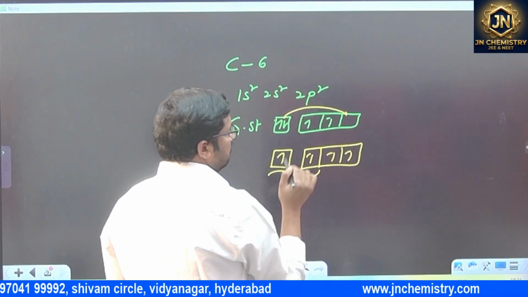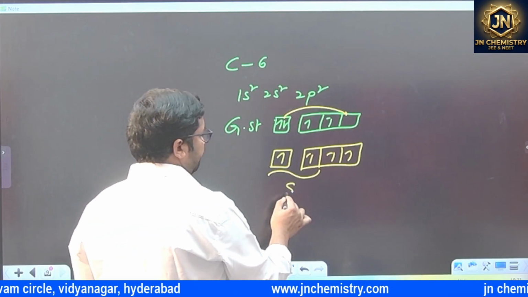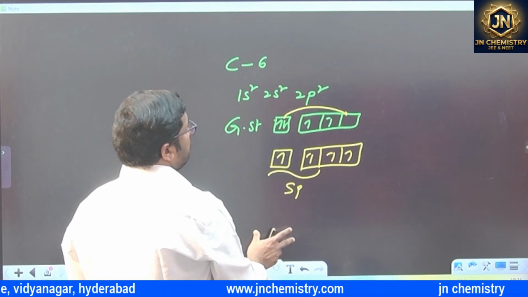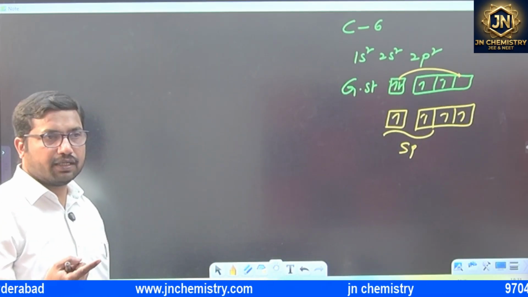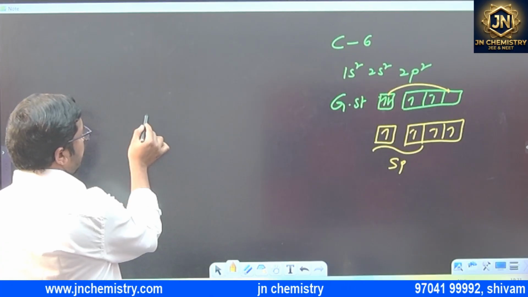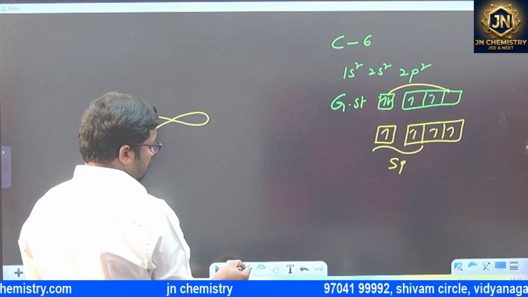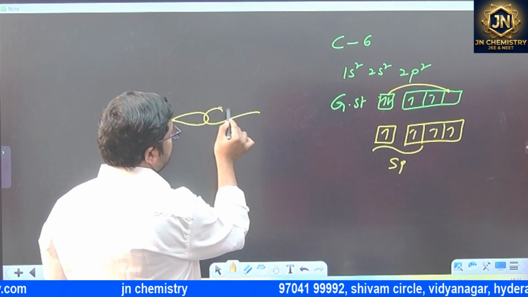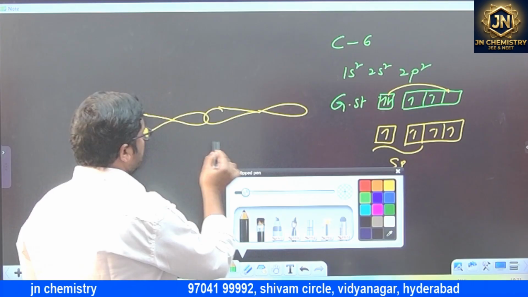So it undergoes sp hybridization. sp means one s orbital and one p orbital mix, and we get two sp orbitals. Like this, two sp orbitals. One carbon is attached to one more carbon, the same thing, and two hydrogens.